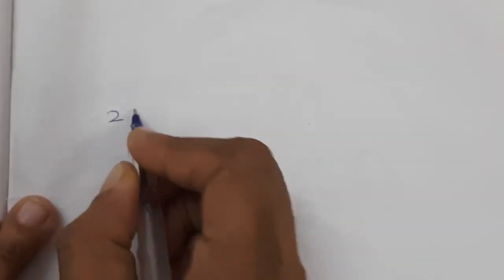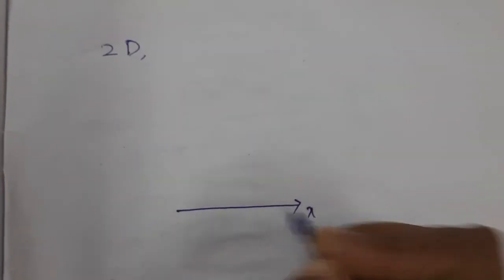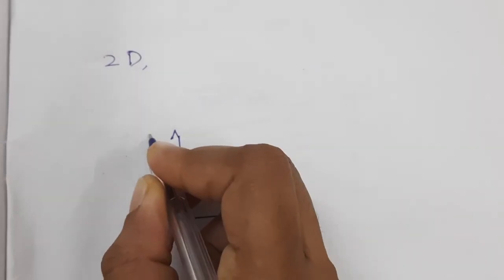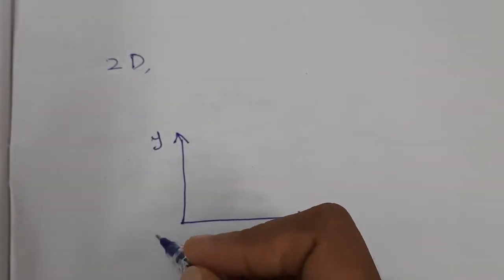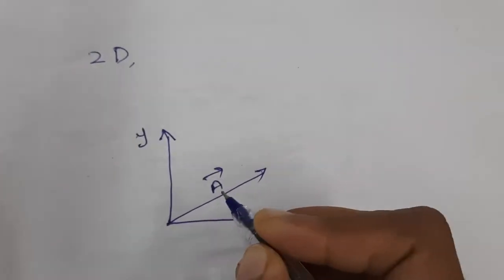Consider the two-dimensional system. This is the x-axis and this is the y-axis. So this is a vector A.